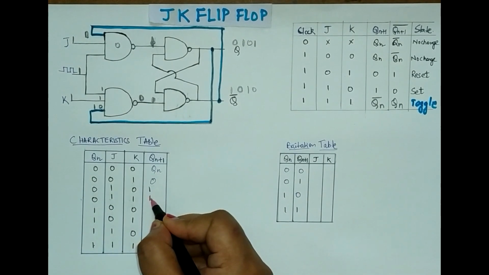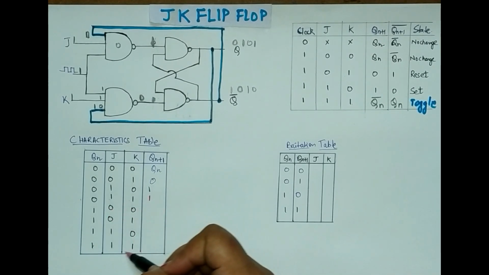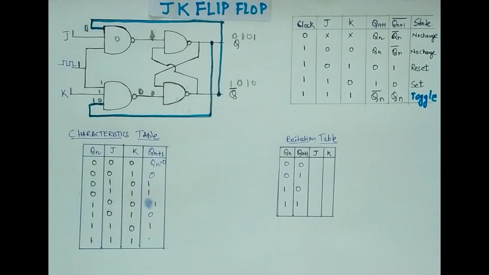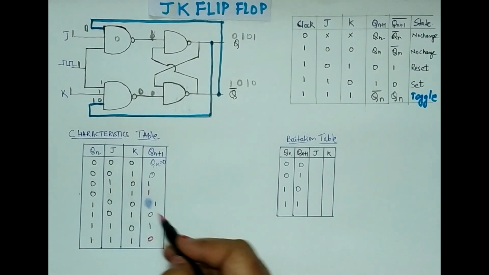You have to write this properly. Similarly, you will write down the values of the next parameters also. Again, when the input is 1 1, it is toggle, meaning the complement of the previous value, so it will be 0. This is the type of characteristics table you should get.